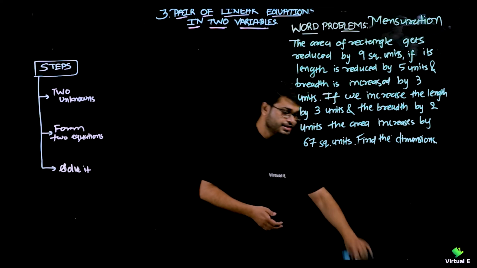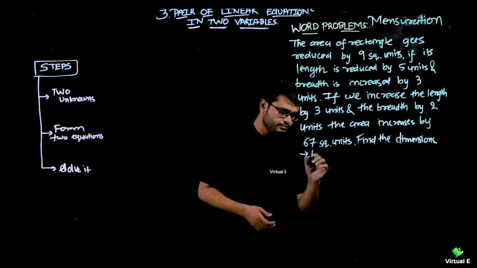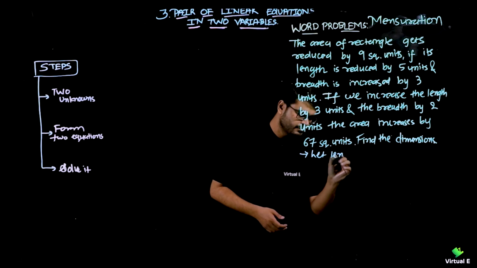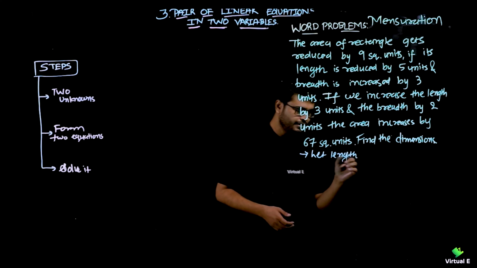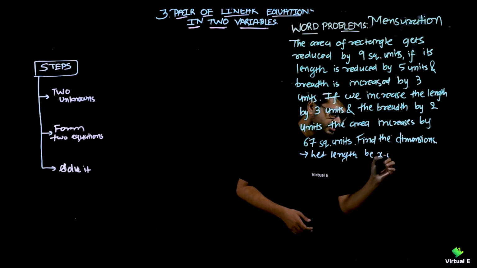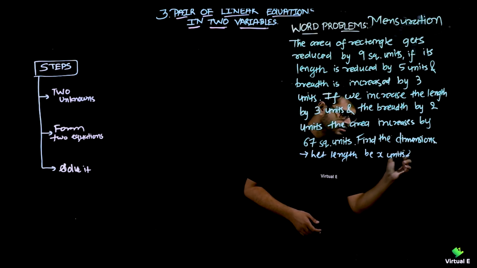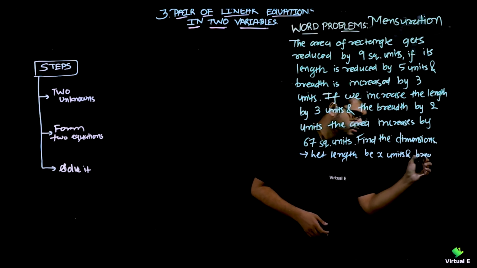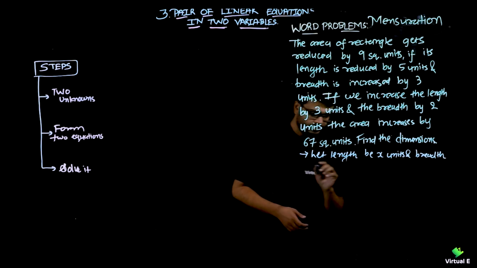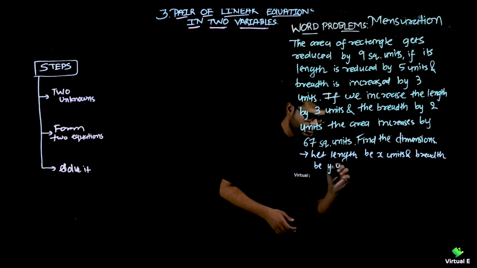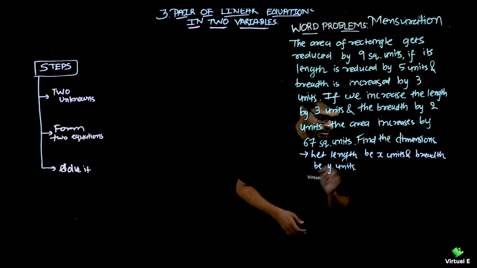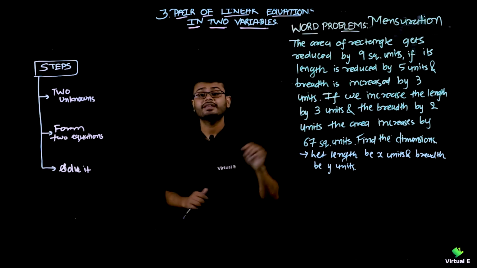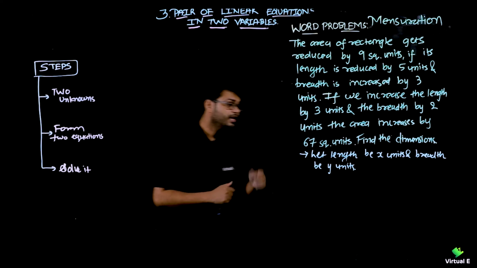Let's start. Let's assume that the length be x units and the breadth be y units, right? And if you want to find the area in this case, what will be the area?